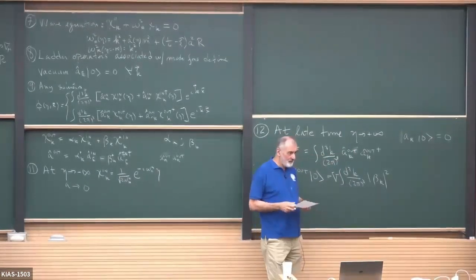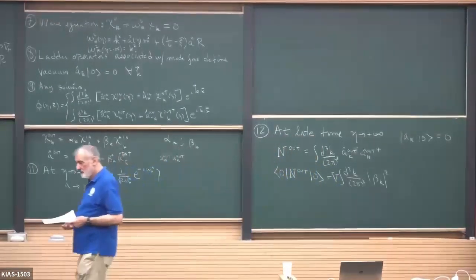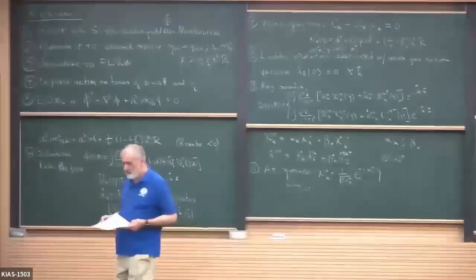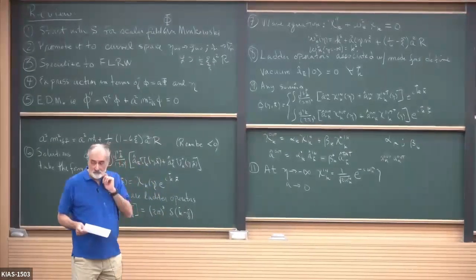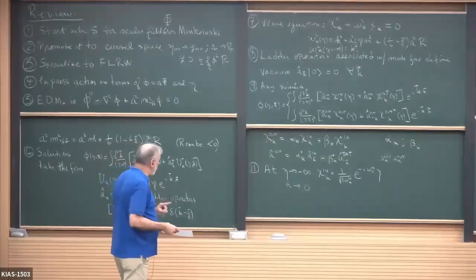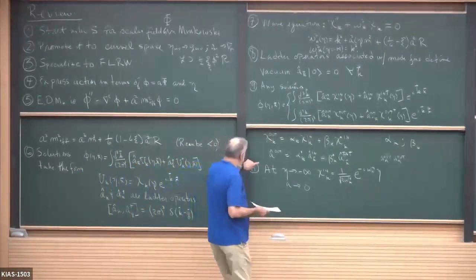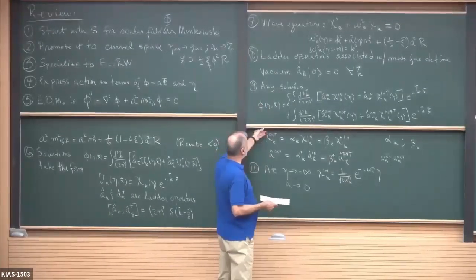Okay? Sorry? So you wrote the definition of the vacuum, and for the number operator, you do have A dagger A. So your vacuum has a 0 number. It has a 0 number for the in vacuum.